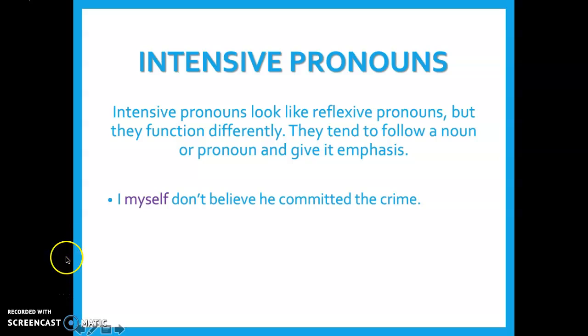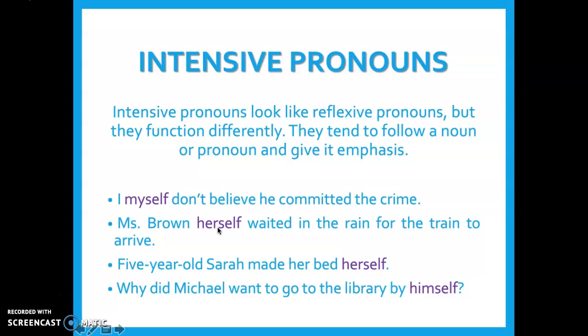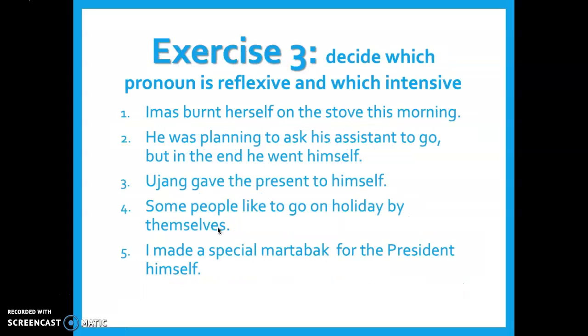So if we kick this out, I don't believe he committed the crime. That's a perfectly grammatical sentence. Miss Brown herself waited in the rain for a train to arrive. If you want to prove whether it is intensive or reflexive, let's remove it. Miss Brown waited in the rain for the train to arrive. So that's an intensive one because it's optional. Exercise 2, I'd like you to decide which pronoun is reflexive and which pronoun is intensive.